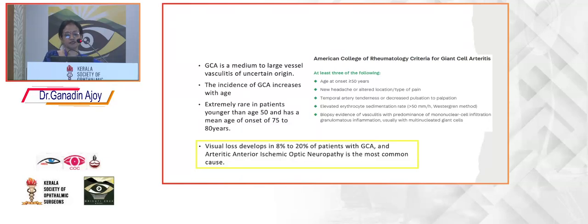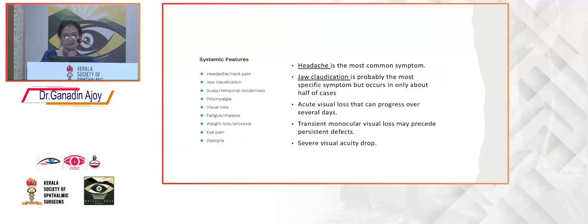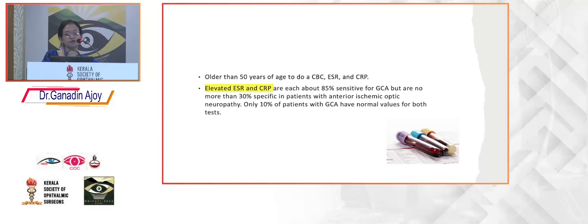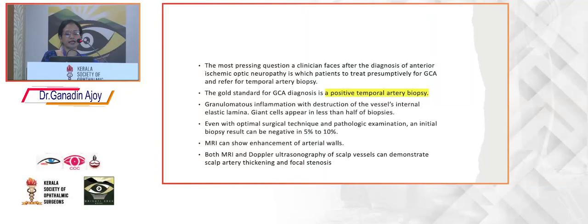It is mostly AION, and arteritic is the most common cause. Headache is the most common symptom, and jaw claudication is the most specific symptom. Elevated ESR and CRP are seen, about 85% sensitive for the presence of GCA, but 10% may have normal values. The gold standard is a positive temporal artery biopsy.